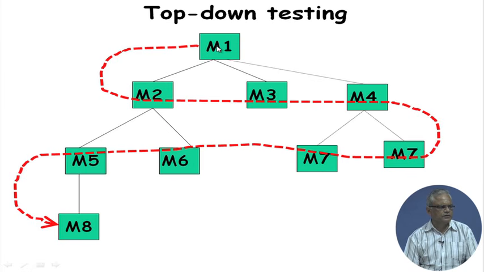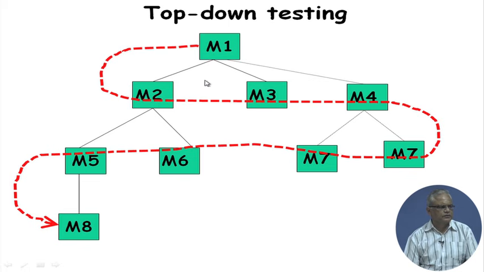So, when we integrate M1 with M2, we need 2 stubs, and then integrate M1 with M2 and M3. Then we integrate M1, M2, M3 with M4 and test, and here we need 4 stubs.